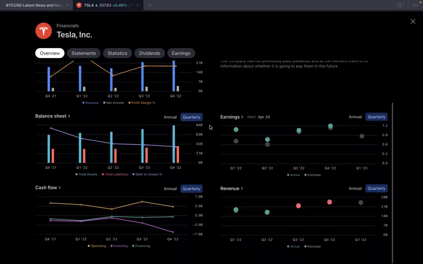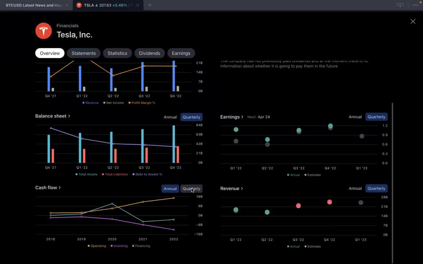This is why we trade Tesla because let me move myself out of the way. There's the cash flow. Okay, annual is here. So investing went okay. There's the numbers here for you.